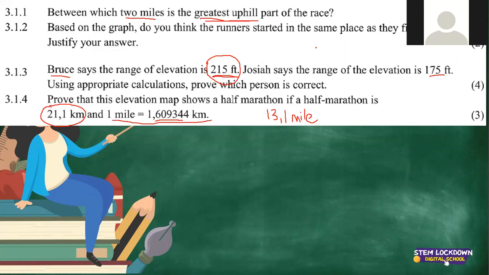Okay, while you're thinking about it, to go from miles to kilometers, you're changing 1 to 1.6. It's only one way, you need to times, right? So in other words, you need to times this figure by 1.609344.